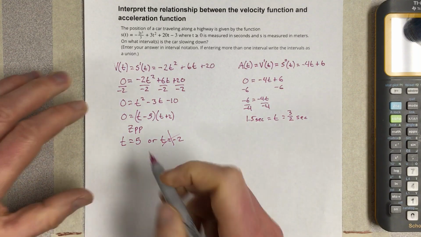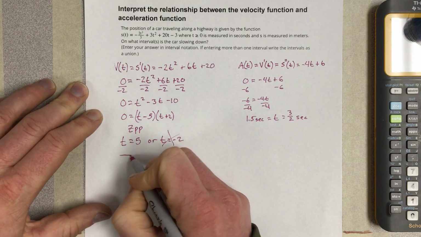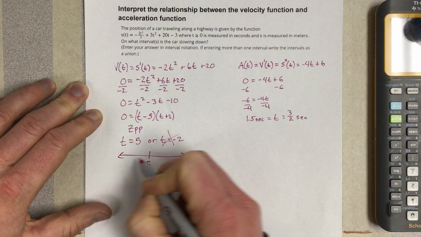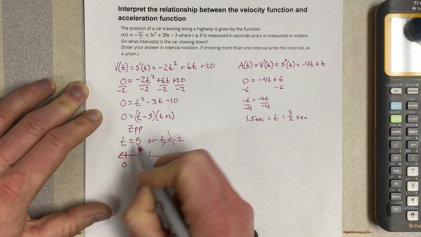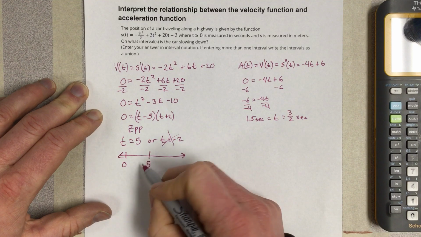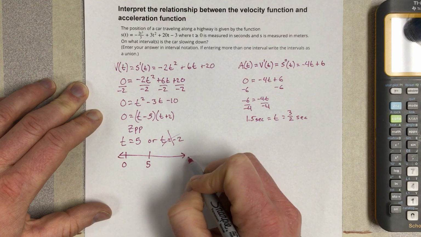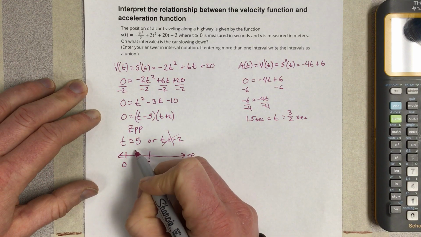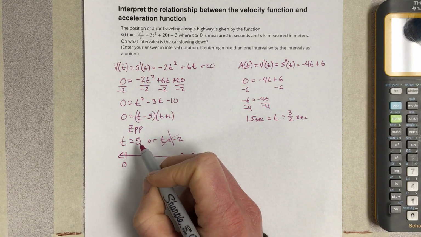So at 5 seconds, our velocity is 0. So I'm going to test from 0 to 5, because remember our time has to be greater than or equal to 0. So 0 to 5, and then toward infinity. I'm going to pick a number in here and see, is our velocity positive or negative?